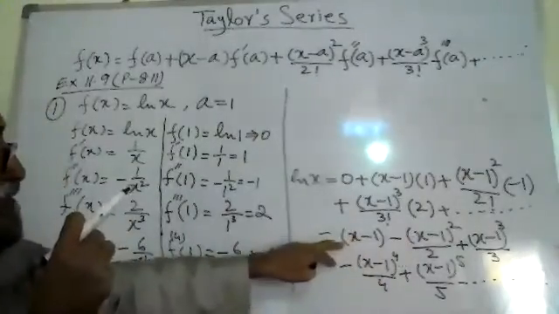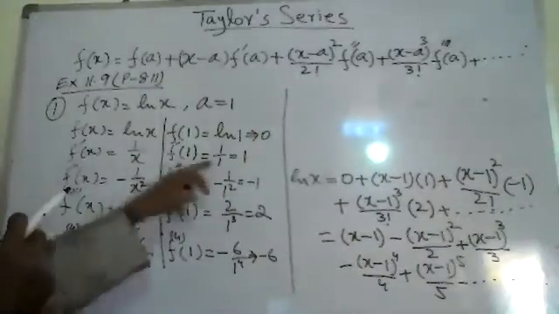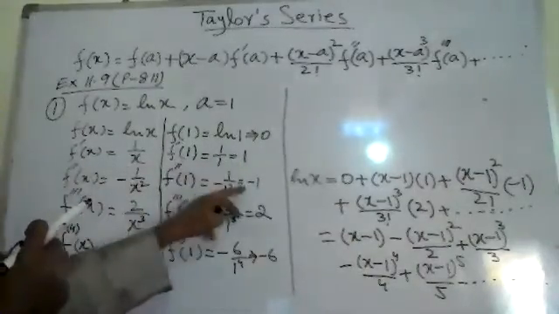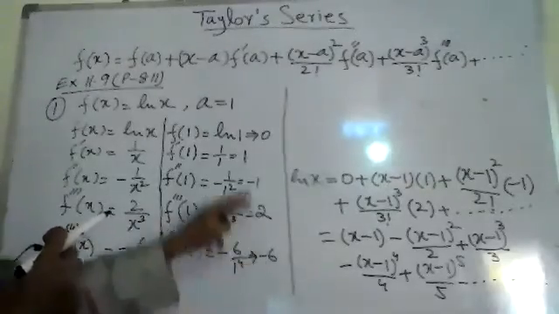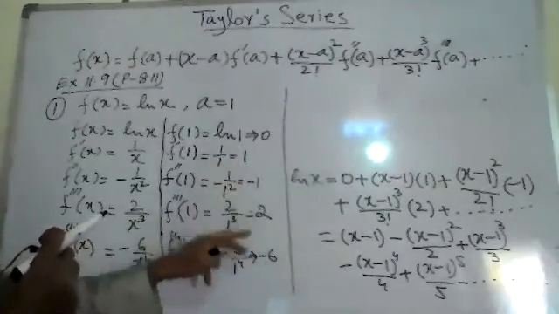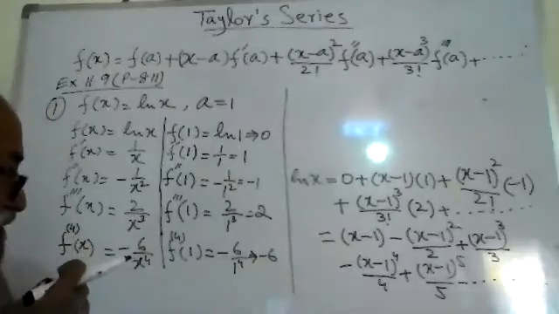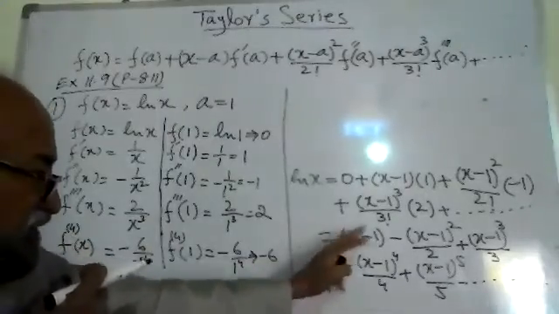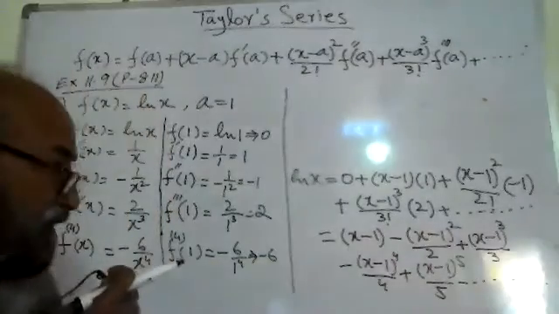The first one is x minus 1. Here the first is positive, the next is negative, the next is positive, the next is negative. So one positive, one negative, one positive, one negative, and so on.